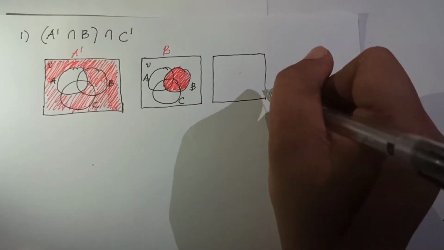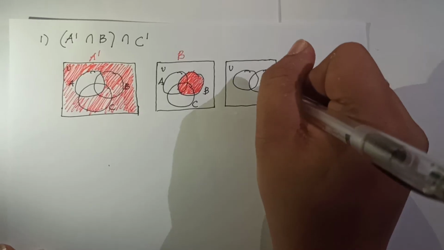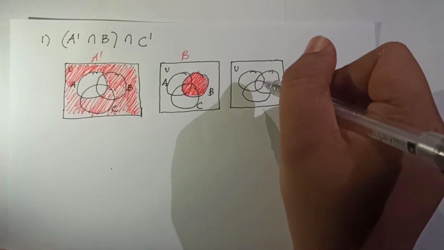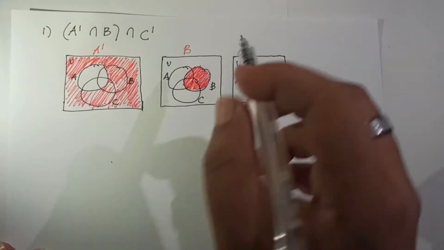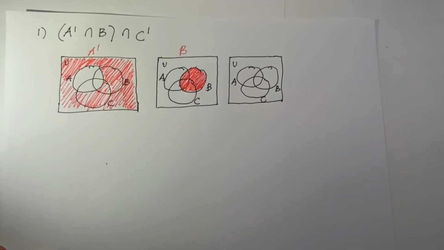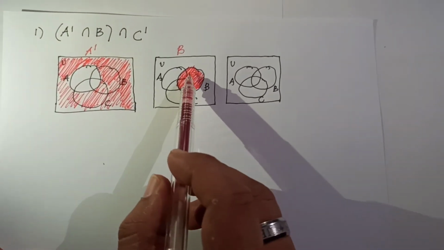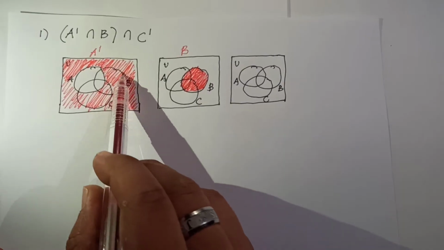So, this is our U. If this is our A, B, and C, to look at the intersection we need to find the common part. Here is our common part.